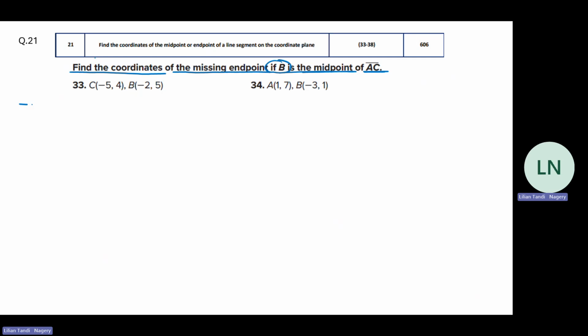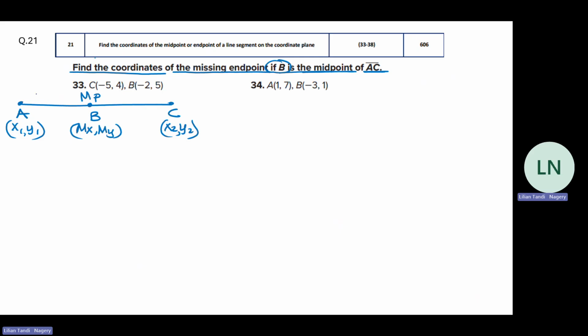So that means I have a line called AC and B is the midpoint. A, B, C. This is the midpoint, this is M, this is mx, my. Okay? This is my first point, x1, y1. This is my second point, x2, y2. That's how you interpret this.